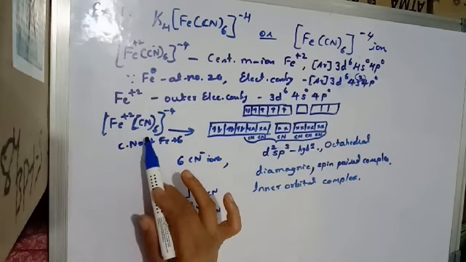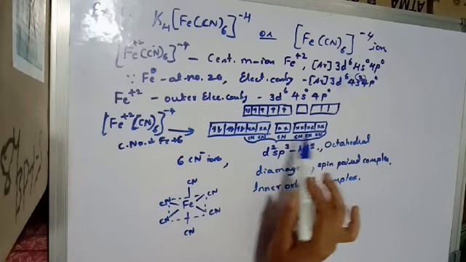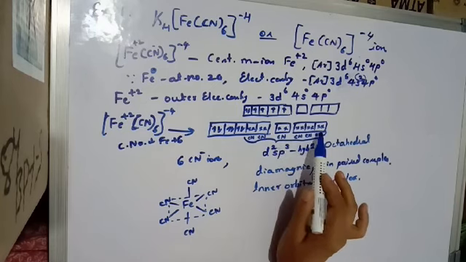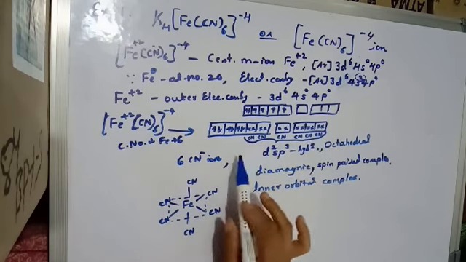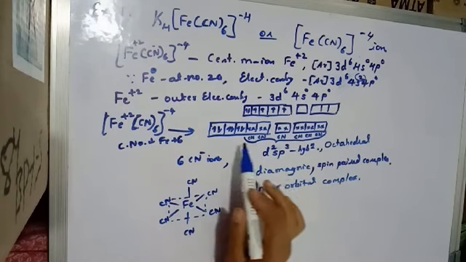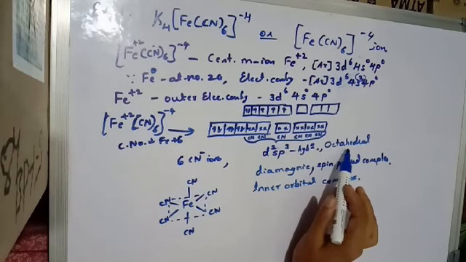So the 6 ligands are approaching, 6 atomic orbitals are made empty, and according to the second point, those empty atomic orbitals undergo hybridization, and the type of hybridization is d2sp3, which gives octahedral geometry to the molecule.